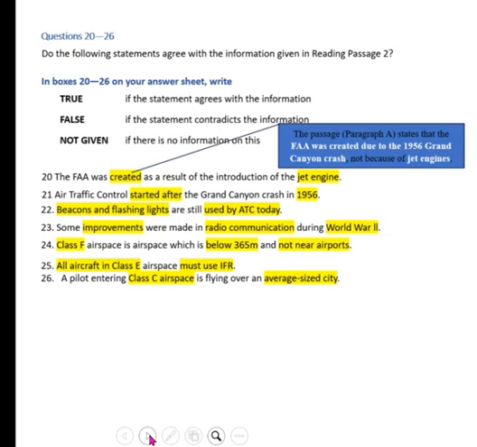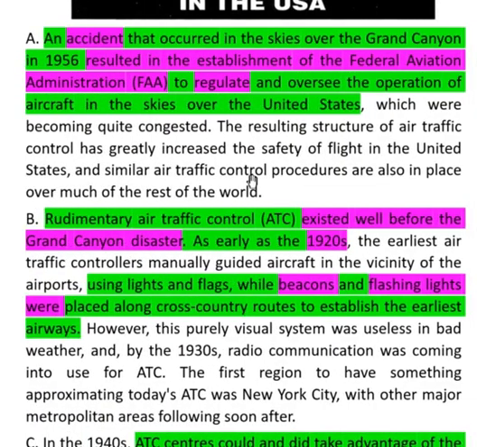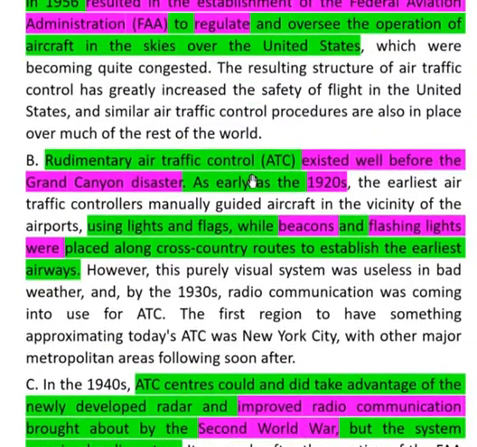So we go back to the passage and see where ATC is mentioned. There is air traffic control in paragraph A, but nothing much is really said about ATC there. Go to paragraph B, where we find the whole paragraph dedicated to ATC.